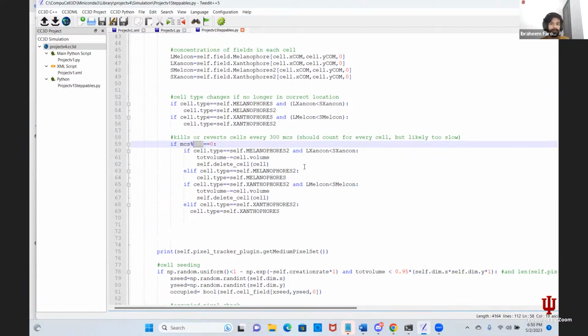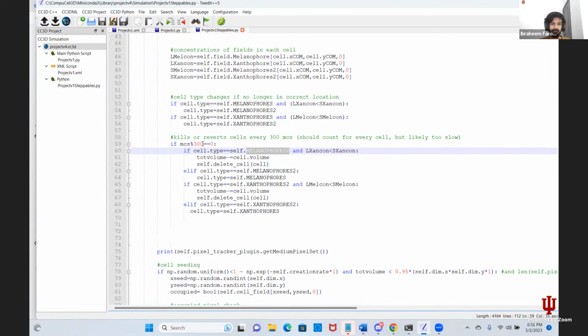I was working on this earlier, having a cell dictionary for any of these cell types, counting up each cell's individual counter when they transition, but that slowed down the process quite a bit. For the sake of speed, because we have a lot of cells in these simulations, we cheated a little bit and just made it kill off at 300 MCS.